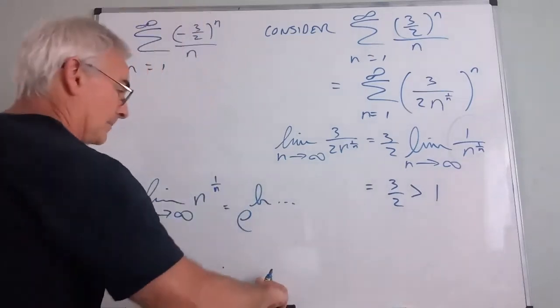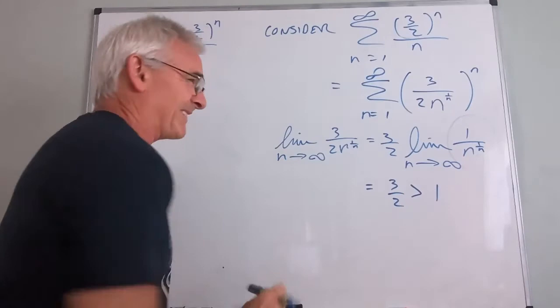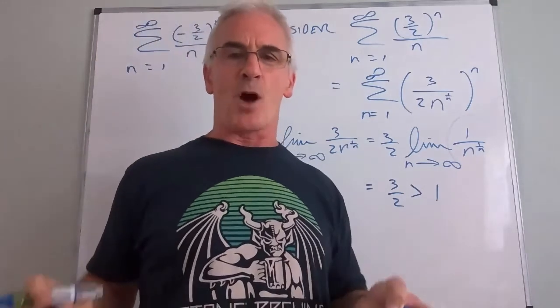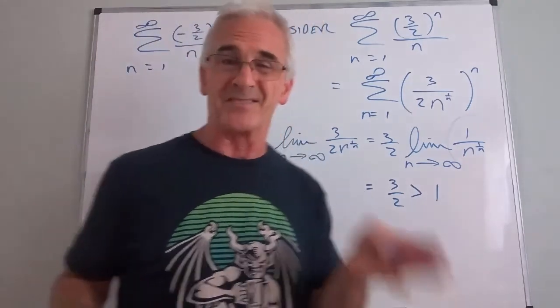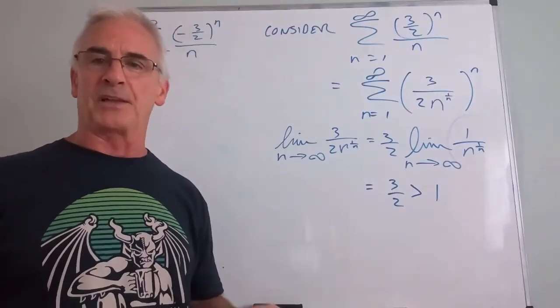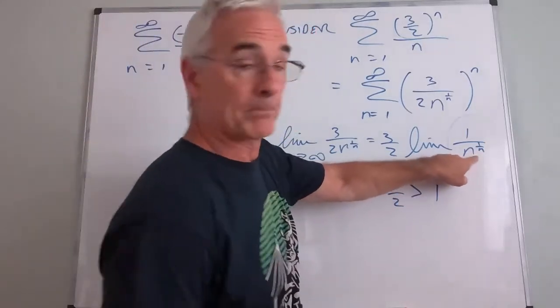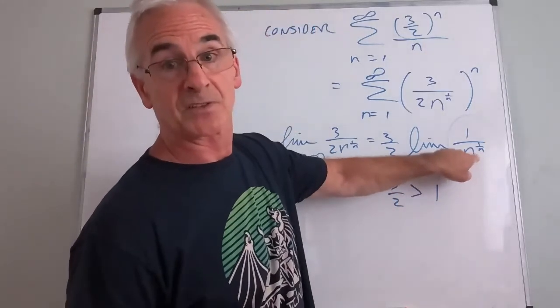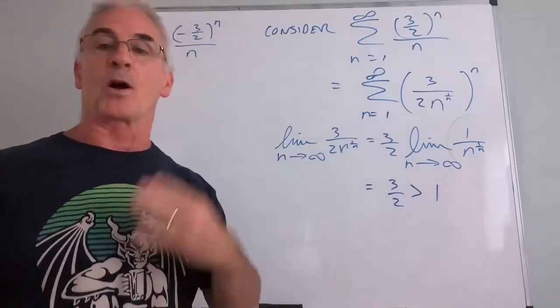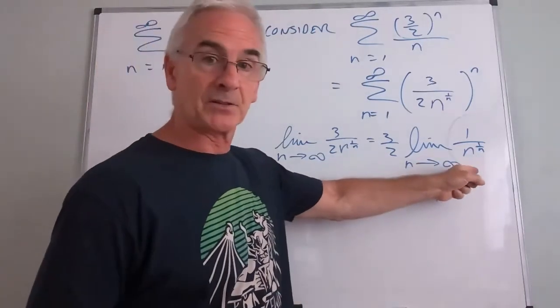The problem is it's not an indeterminate form. So it's one of those weird ones that comes up just often enough that we're not always sure what to do. And it's not an indeterminate form, so I can't really do L'Hopital. But this form comes up basically whenever you use the root test. That's why I wanted to show you guys ahead of time. I don't want you to have to calculate this limit every single time.